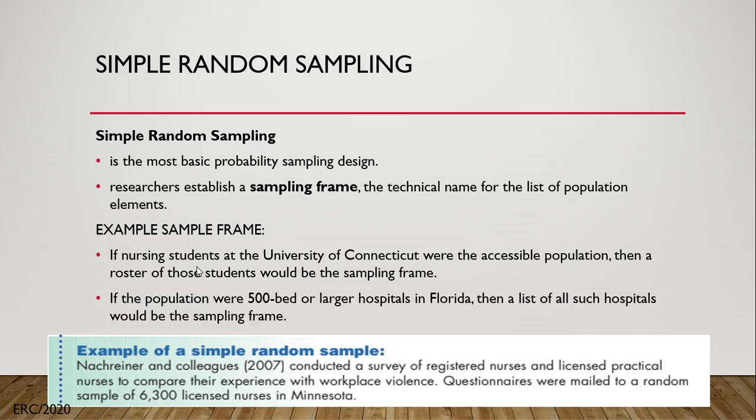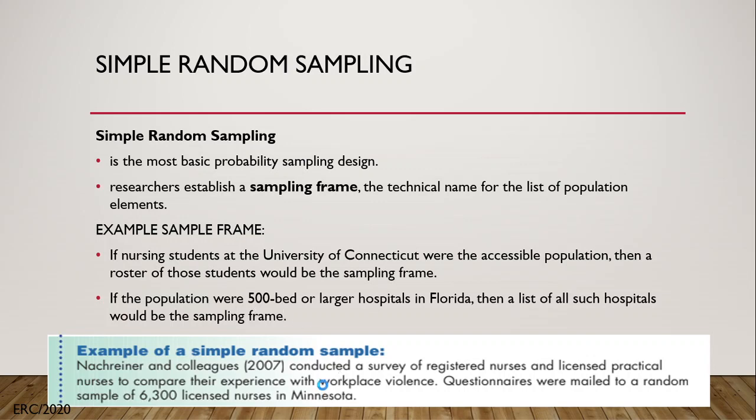An example of a study which uses simple random sampling is from Knight, Turner, and colleagues in the year 2007, who conducted a survey of registered nurses and licensed practical nurses to compare their experience with workplace violence. Questionnaires were mailed to a random sample of 6,300 licensed nurses in Minnesota. Okay, so that is a simple random sampling.